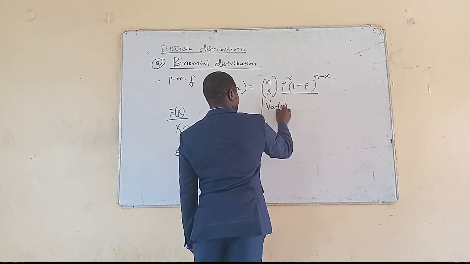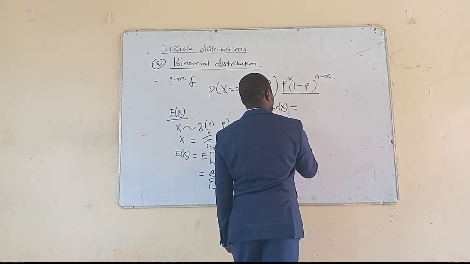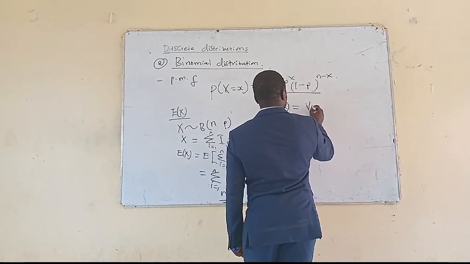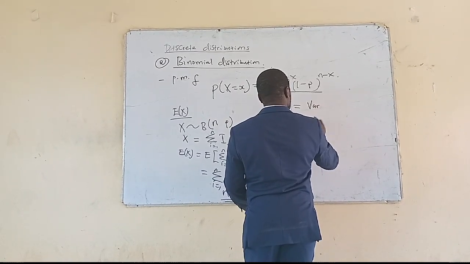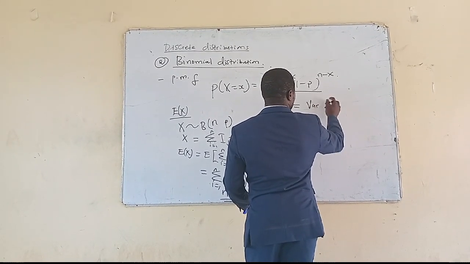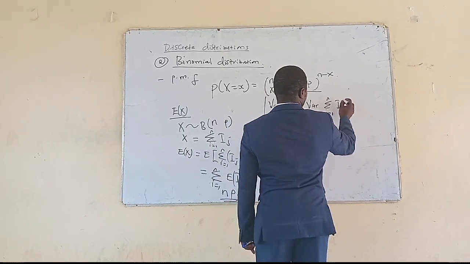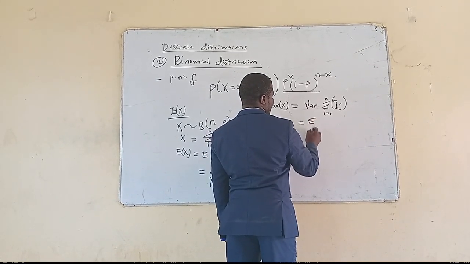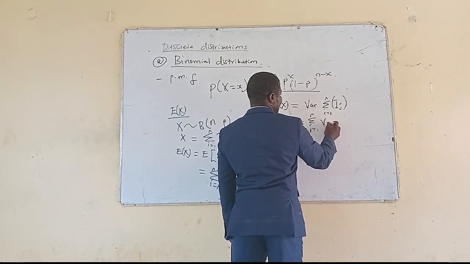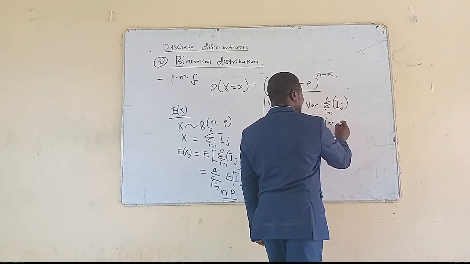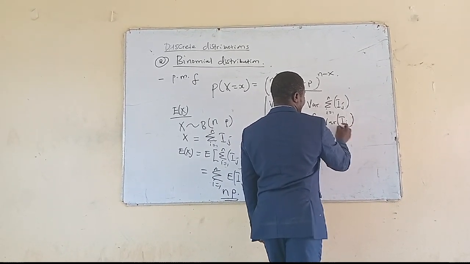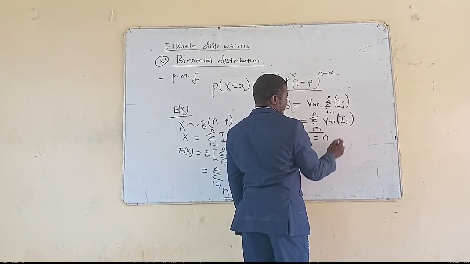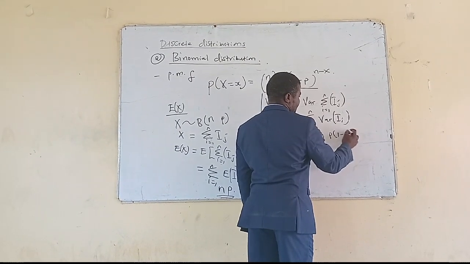The variance of x is the same as the variance of the summation from i equal to 1 up to n of I_i, which is the summation of the variances of I_i. So you get n, and for each one p into 1 minus p.